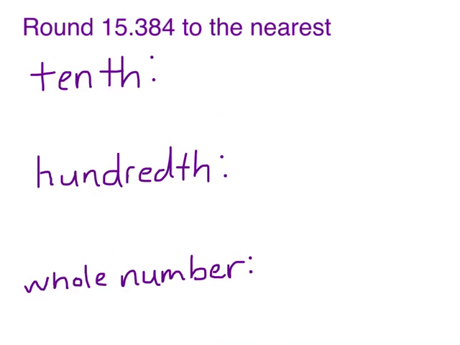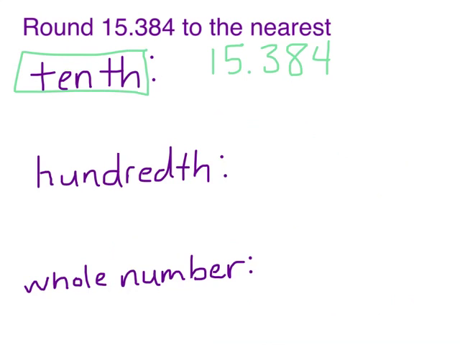Let's look at another example. Round 15 and 384 thousandths to the nearest tenth, hundredth, and whole number. Well, I'm going to start by writing my number down, 15 and 384 thousandths. I need to round to the nearest tenth. Which digit is in the tenths place?